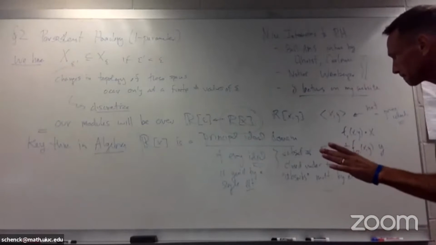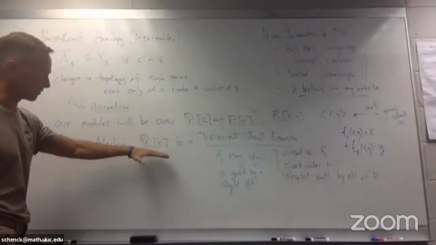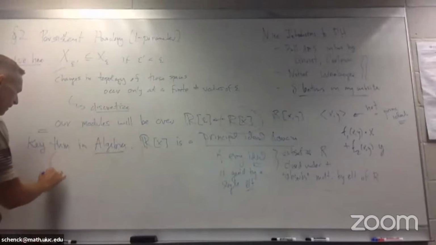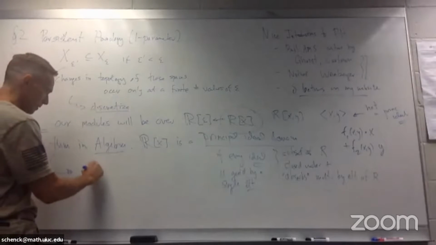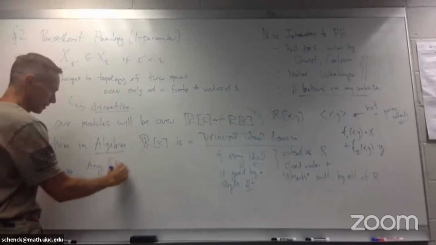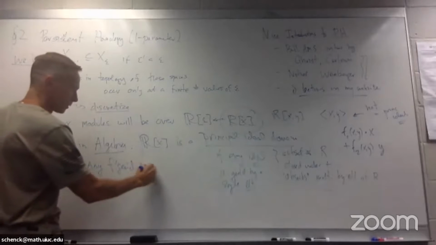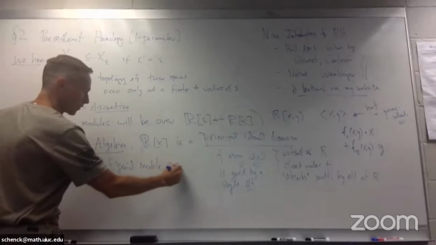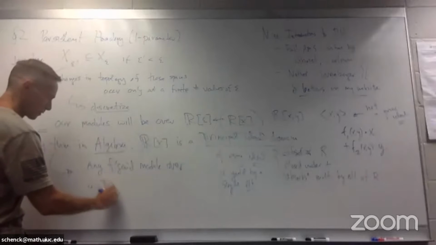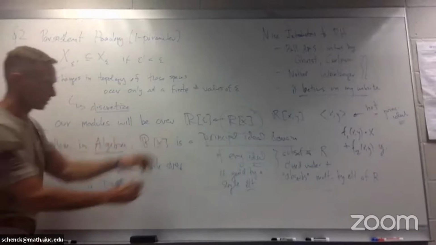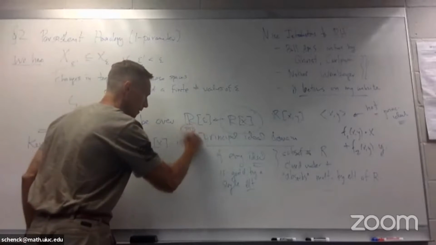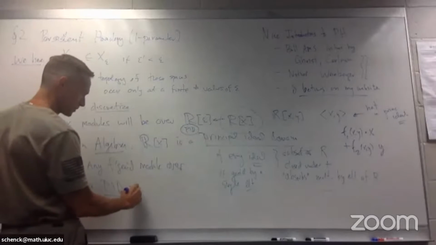The point is that there's something very, very special about polynomial rings in one variable. Now, this was a definition of a type of ring. A key theorem in algebra is that any finitely generated module over a principal ideal domain, which I'm going to write as PID, decomposes.